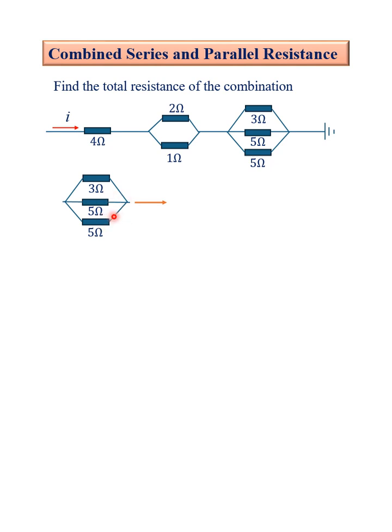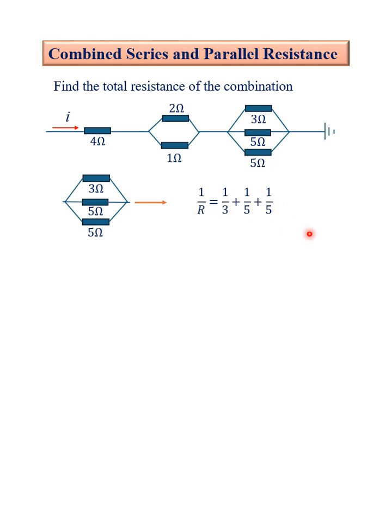Remember, in parallel combination, the inverse of the total resistance is equal to the sum of the inverse of the individual resistances. So this becomes 1 over R, where R is the resistance of this combination, and that is equal to 1 over 3, the first resistance, plus 1 over 5, the other one, and then plus 1 over 5, which is the last resistance.